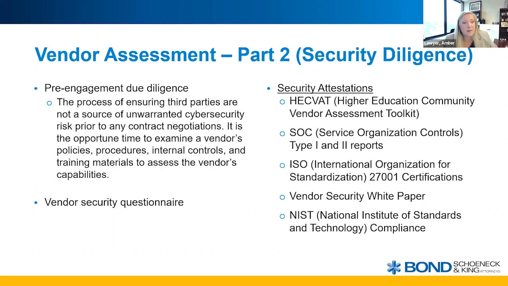What does that mean? Some institutions actually create a vendor security questionnaire, a diligence questionnaire that goes along with the RFP process so that you can start vetting your vendors before you enter into any contracting phase here. This is really important.